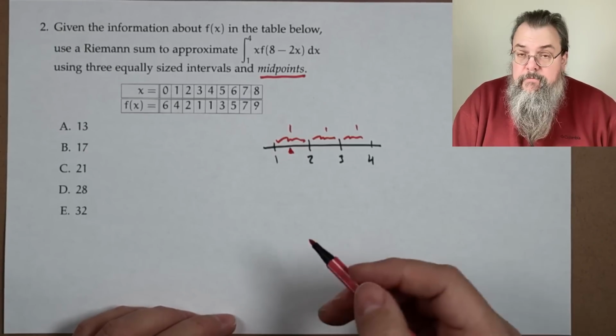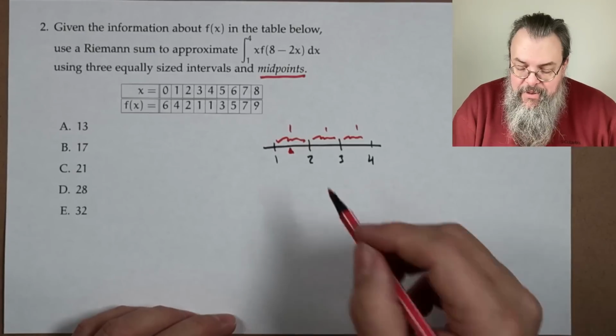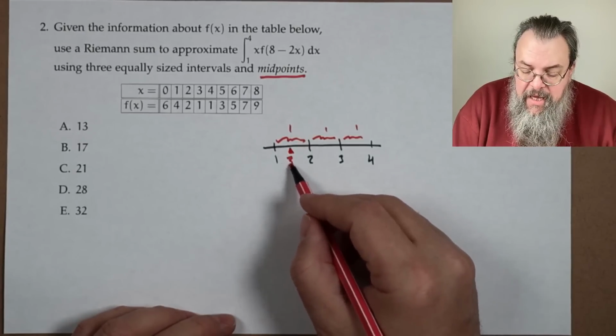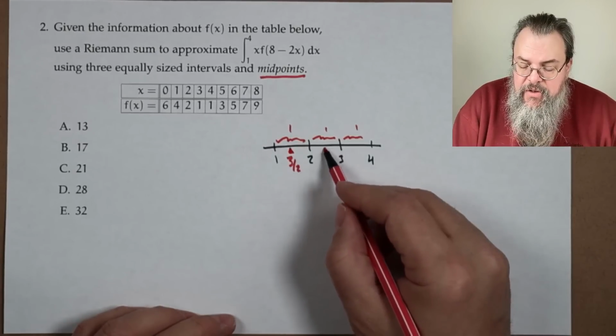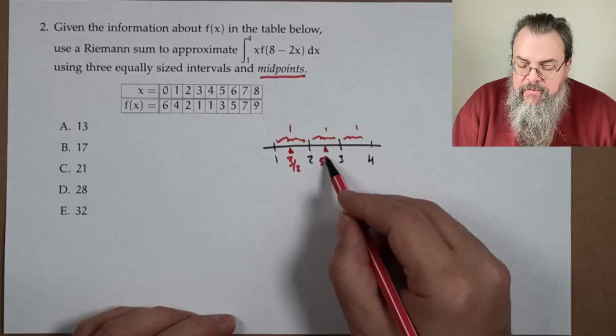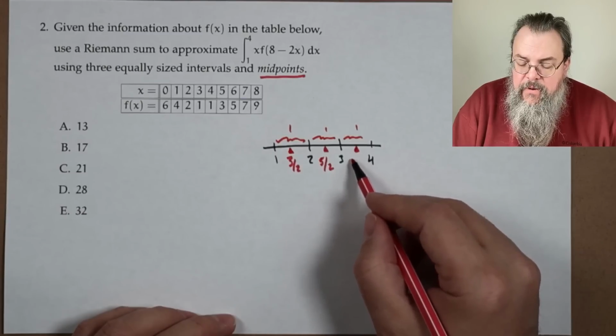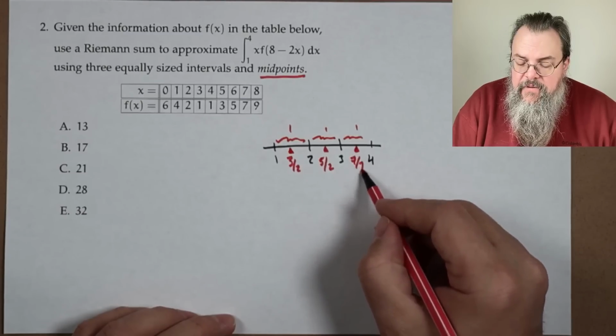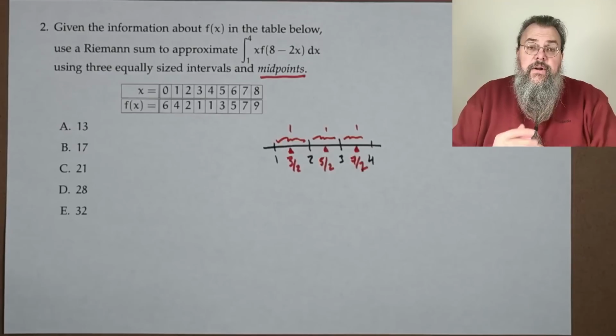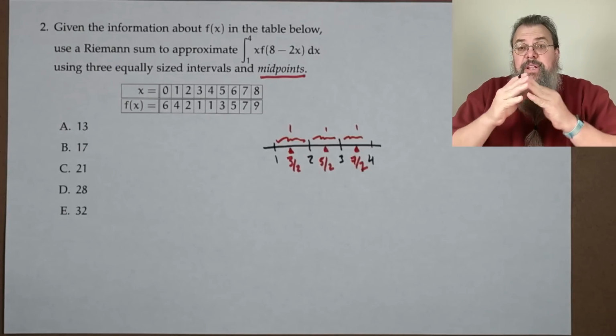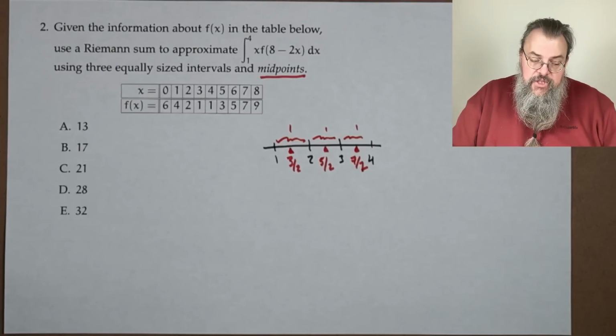Well, 1 1/2, 1.5. I'll write it as 3 halves. Halfway between 2 and 3, 2 1/2 or 5 halves. Halfway between 3 and 4, 3 1/2 or 7 halves. So those are the points which we're going to plug into the function.